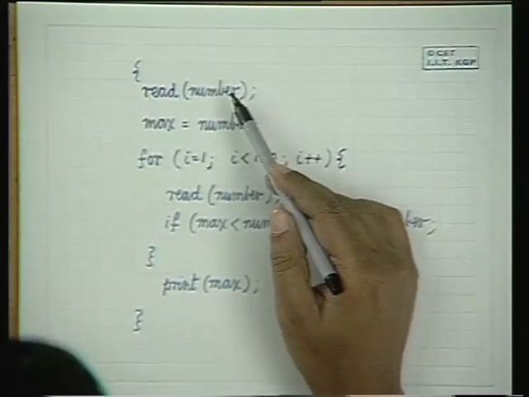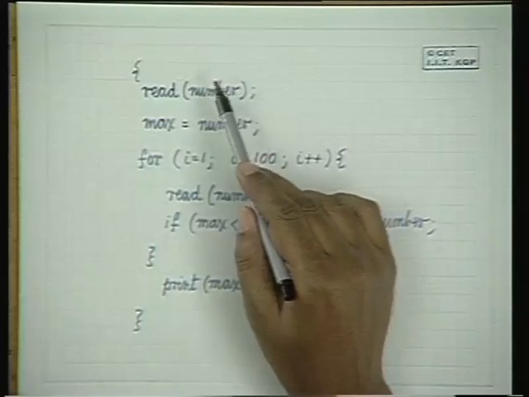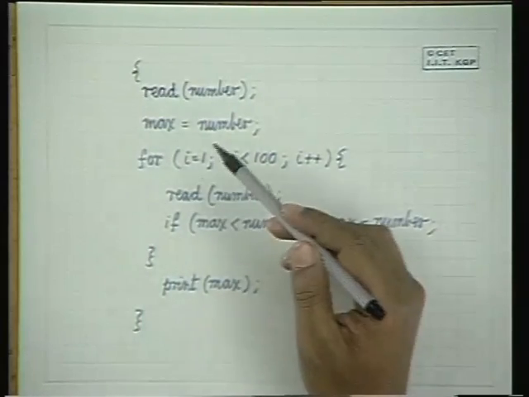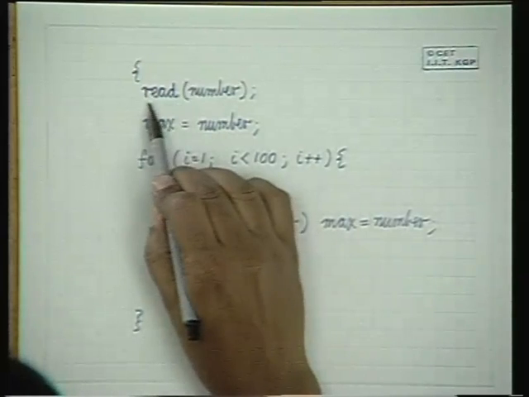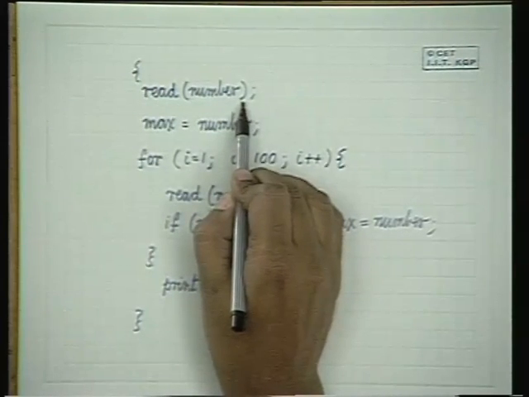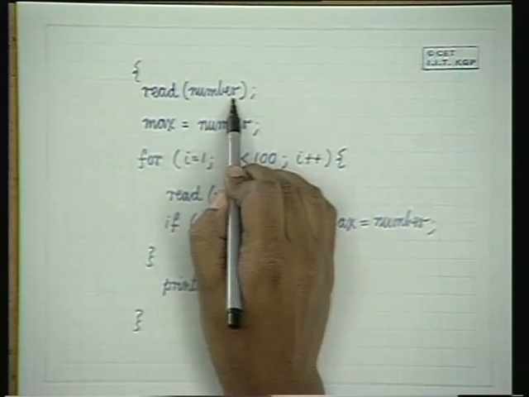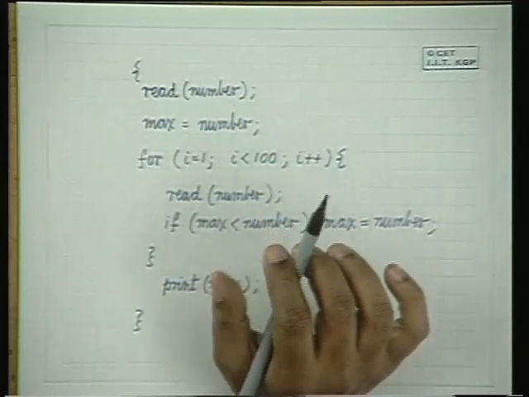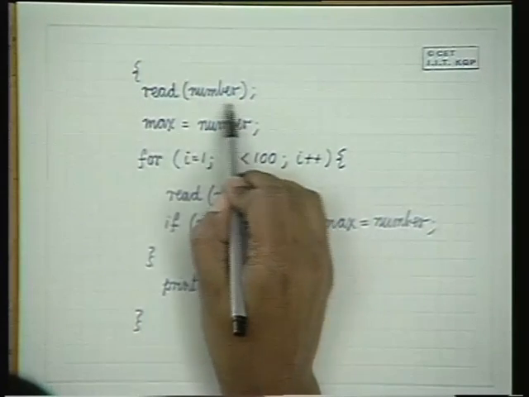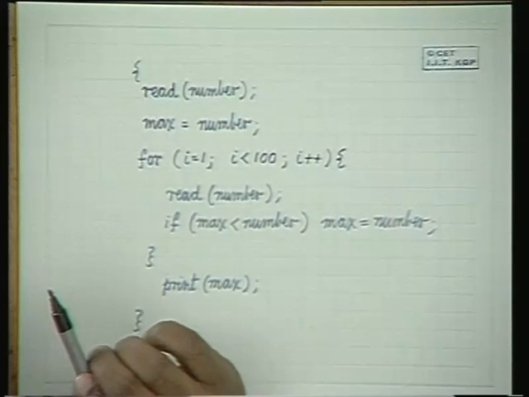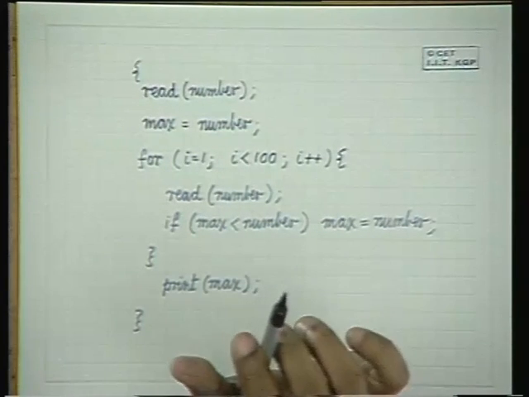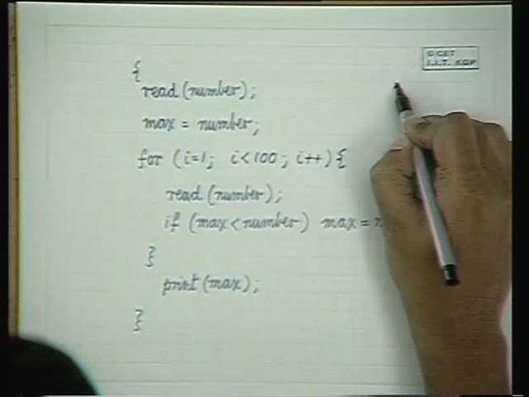You can make the assumptions that you made for finding the number of steps here also. For example, this is a read statement, and to read a number, what is the number of steps? Suppose all numbers are within a fixed size, and we will say it takes 1 unit of time.